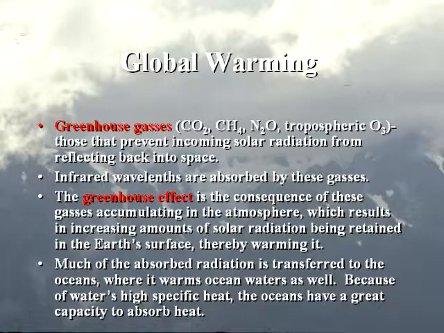So it works a bit like panes of glass on a greenhouse, where solar energy is permitted to enter the greenhouse, but then it is reflected back by the glass into the greenhouse, which keeps the inside of the greenhouse warmer than it otherwise would be. So the Earth's atmosphere, when charged with these gases, does a very similar kind of thing.